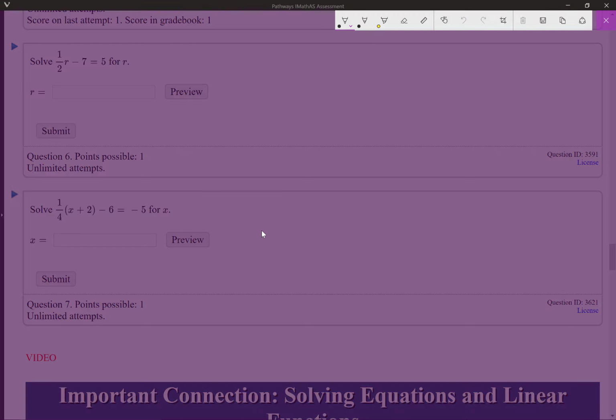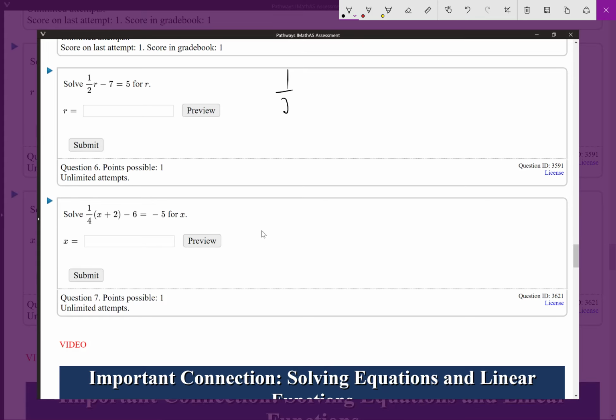We will solve the equation 1/2 times r minus 7 is equal to 5 for the variable r. Now we can think of this as some number minus 7 is equal to 5. And therefore, this number must be 7 greater than 5. And therefore, 1/2 times r must be equal to 5 plus 7.